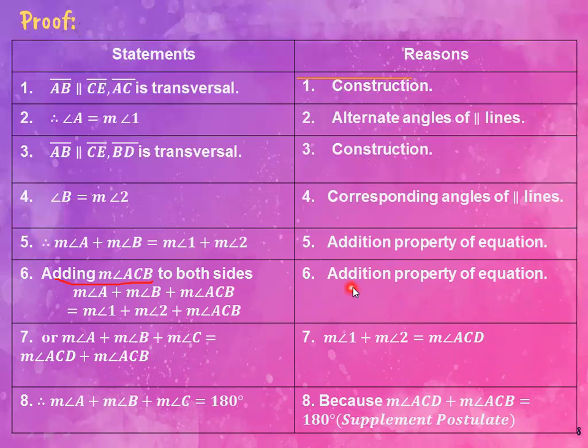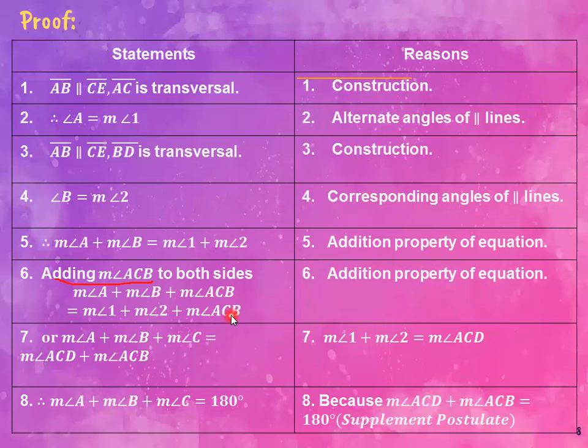Why? Because according to the addition property of equation, if you add one thing on one side, you have to add it on the other side. So we are going to add angle ACB on the left side as well as on the right side.